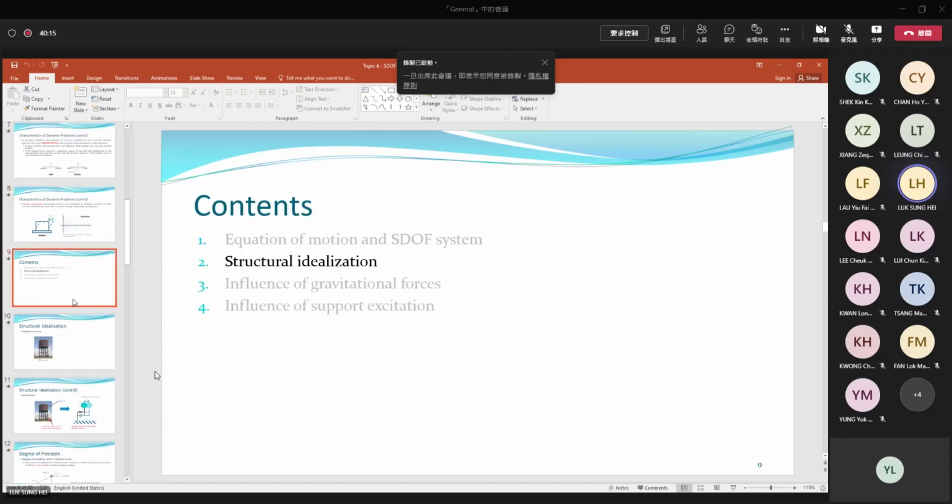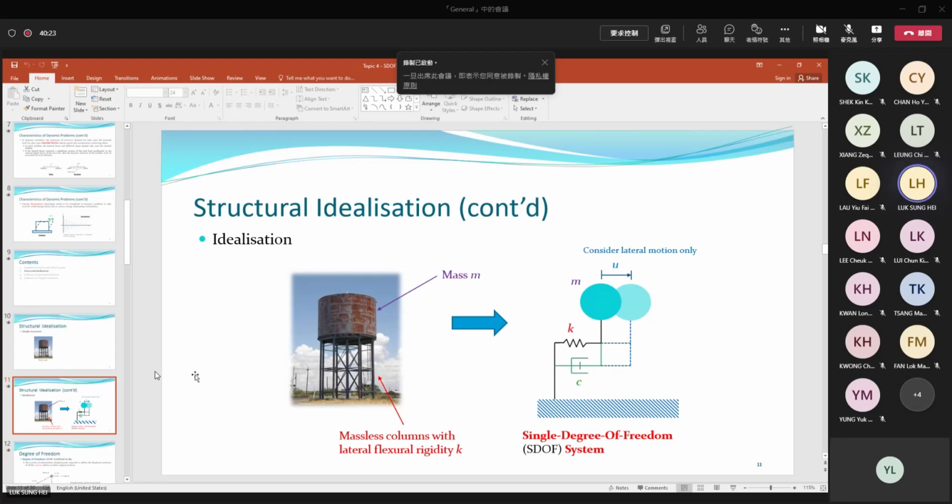And then the second part is about structural idealizations, how to simplify the problem to formulate our equations. At the beginning, we start from the single degree of freedom system. Single degree of freedom system means we only consider one single degree of freedom, normally the horizontal displacement.